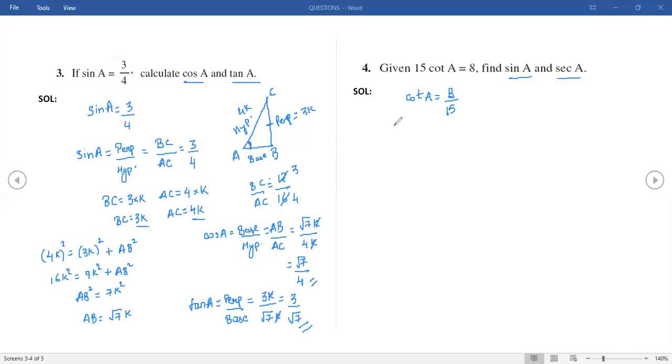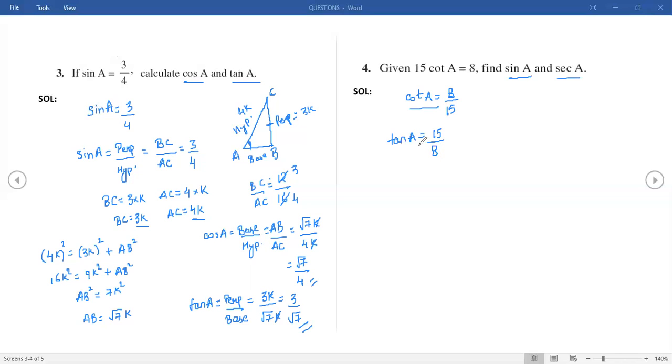As I told you, you need to remember just three ratios: sine, cos, and tan. If you remember these three, the other three, cosec, cot, and sec, you can easily get by reciprocating. You should know cot is nothing but the reciprocal of tan. So tan A will be the reciprocal of cot A, that means 15 by 8.